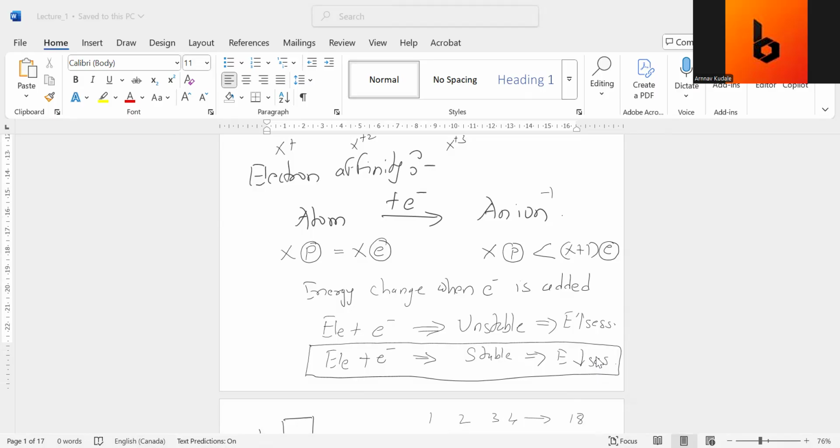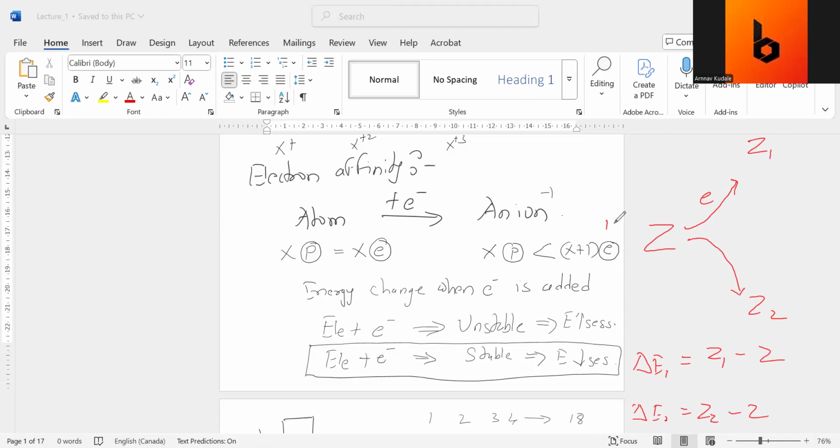If I take an example, let us say Z is the number. If you add an electron and the energy is increasing, let us say it becomes Z1. And in the other case, when you add an electron, it becomes Z2. So delta E1, the change in energy, is Z1 minus Z, and delta E2 is Z2 minus Z.